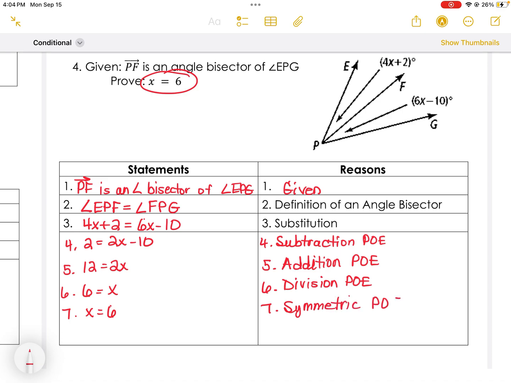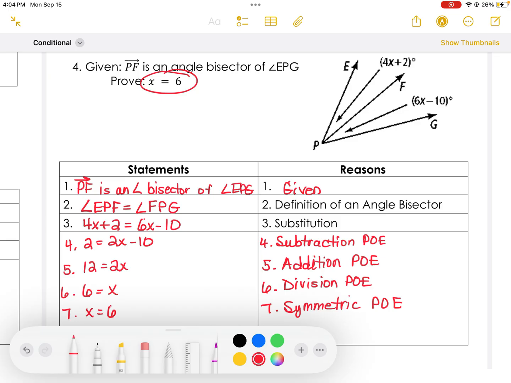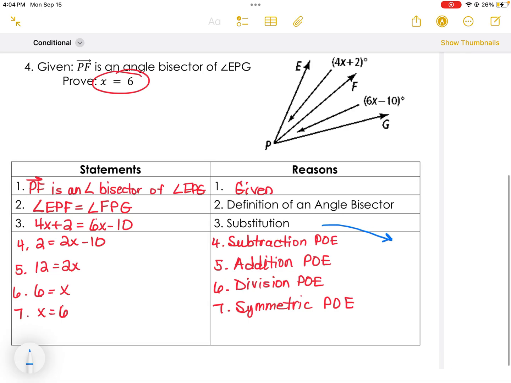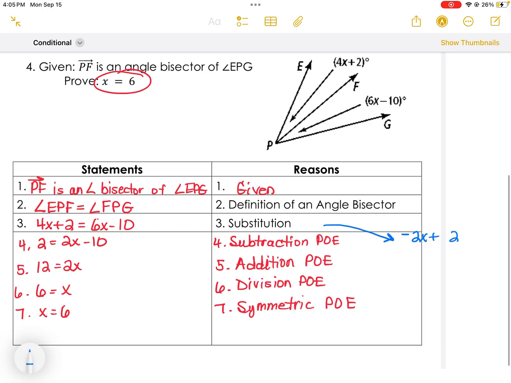If you took a different turn right here, instead of subtracting 4x from both sides, if I had subtracted 6x from both sides, it's running off the page, equals negative 10. If I had done that, then I would have gotten my answer one step sooner.